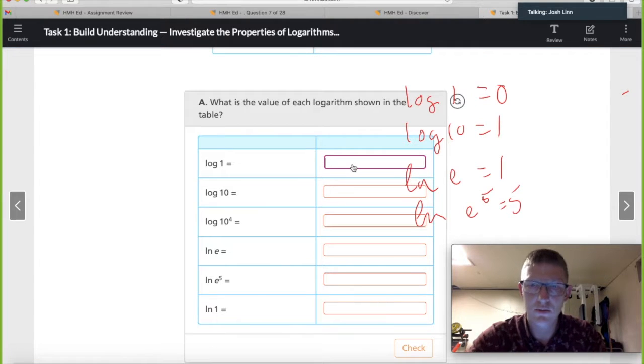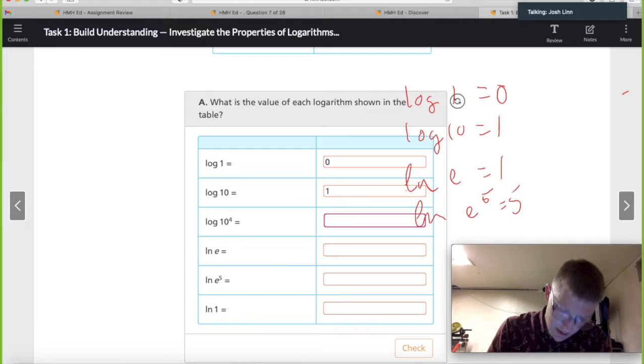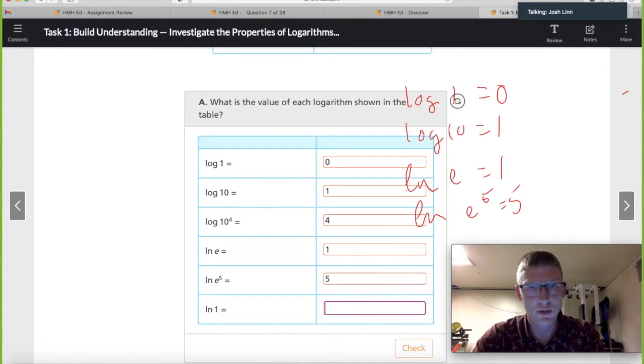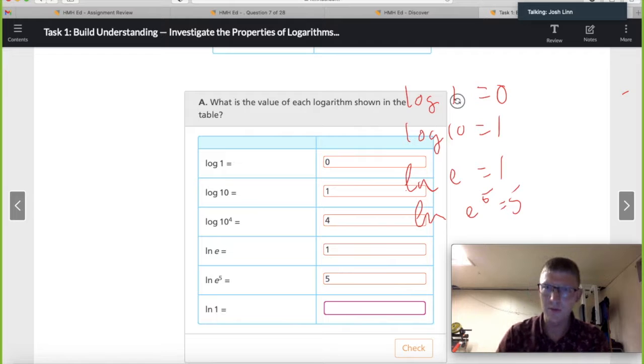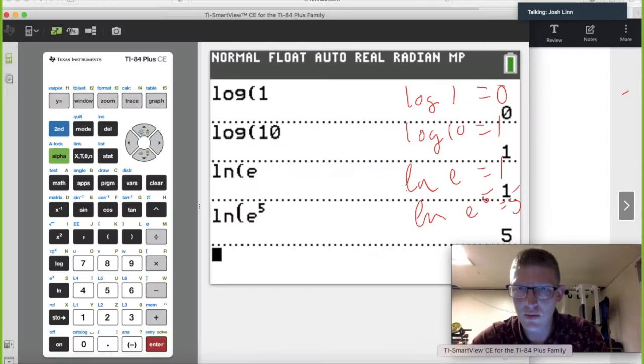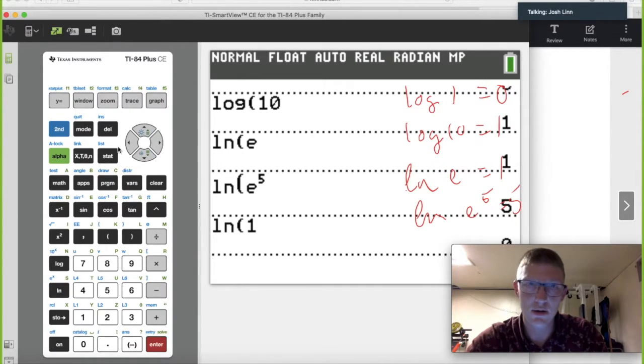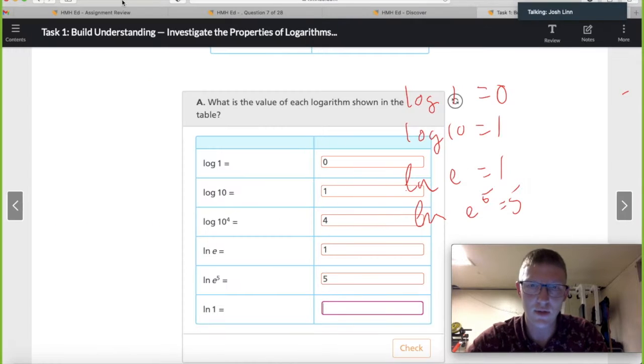Okay, so 0, 1, and log base 10 of 10 to the 4th is going to be 4. 1 again, 5. Oh, natural log of 1. Do I know that one off the top of my head? I don't know. Let's try that one out. Natural log of 1 is 0. Yeah, see, I think I knew that one off the top of my head.